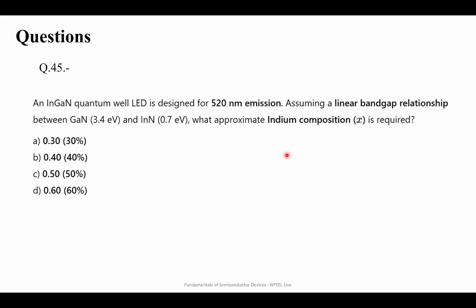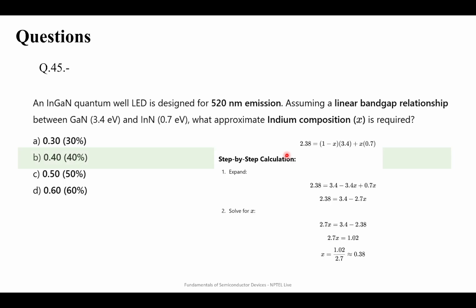Sir, 37% is coming, sir. 37%. Okay. So according to the options, what should be the answer? 40, sir. Point 4. That is correct.